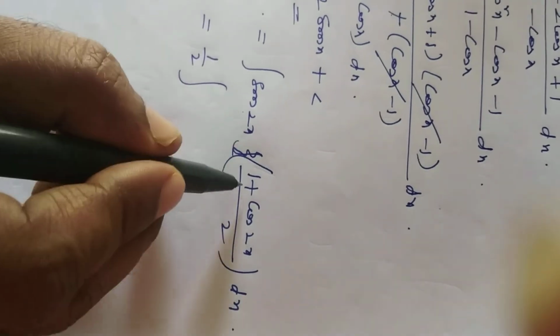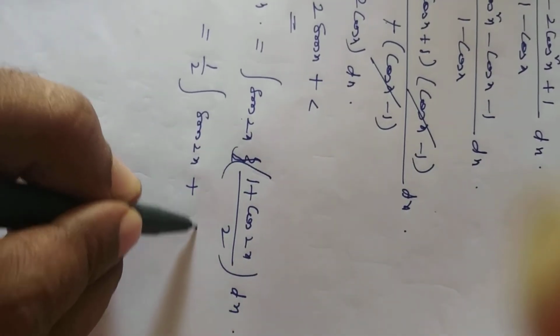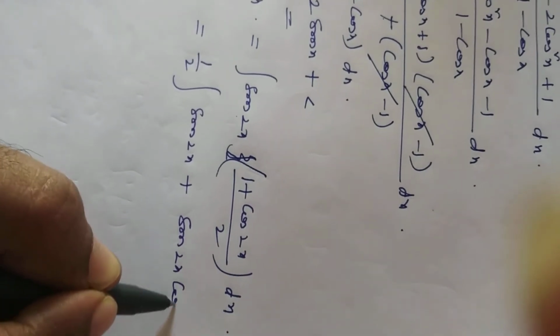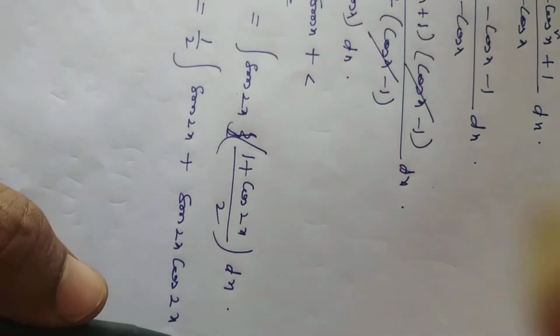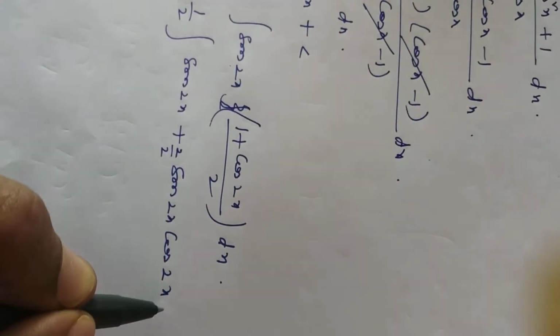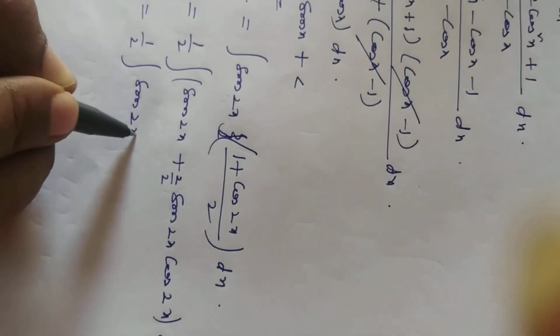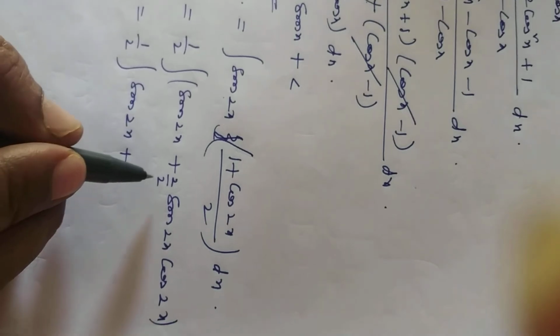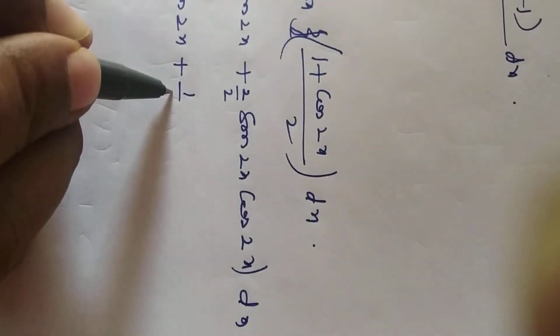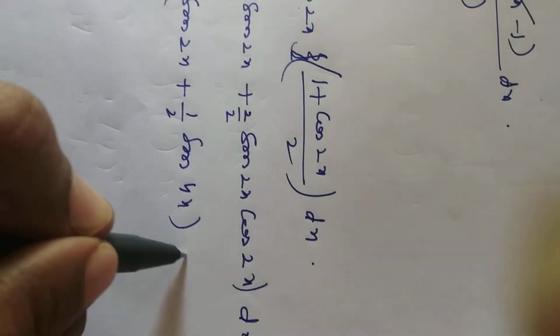On multiplying this with 1, sin 2x plus sin 2x into cos 2x we will get. Okay, next here multiply and divide with 2. So that is equal to half of sin 2x plus, this is the 2 sin x cos x form we have, so it becomes half of sin 4x dx.